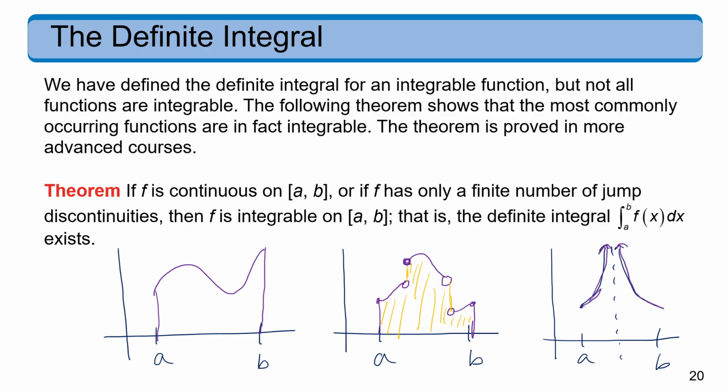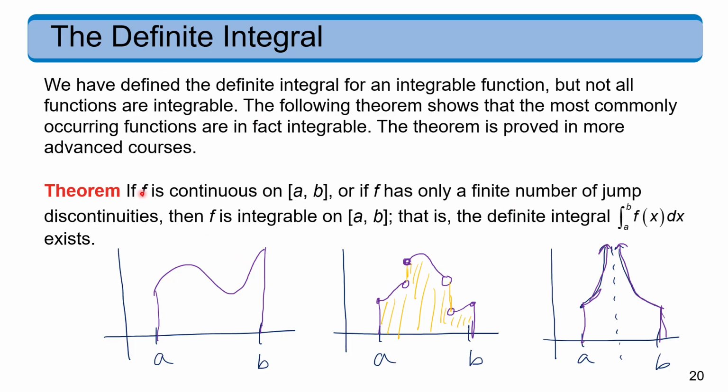So what would be the area below the curve here? Right, there's definitely the potential that area could be infinite, because notice how it goes up infinitely high right here. So in a situation like this, it's possible that the definite integral of f may not exist. And notice this case, where having an infinite discontinuity is not a condition that guarantees the function to be integrable.